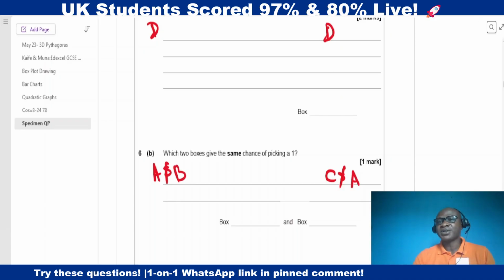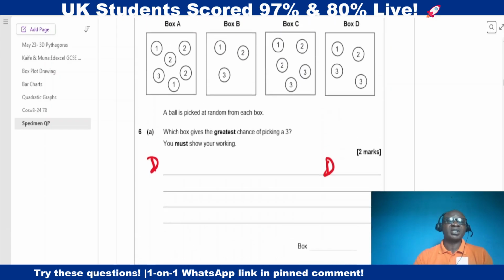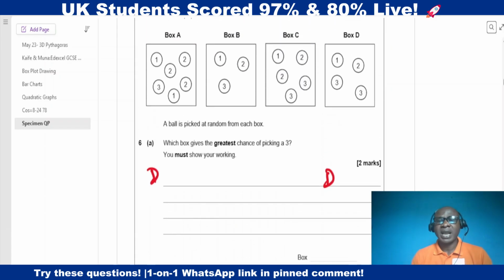Mona, you are going to help us with the explanation to this question: how you arrived at D in number 6A. Go straight to the point. Choosing D first.